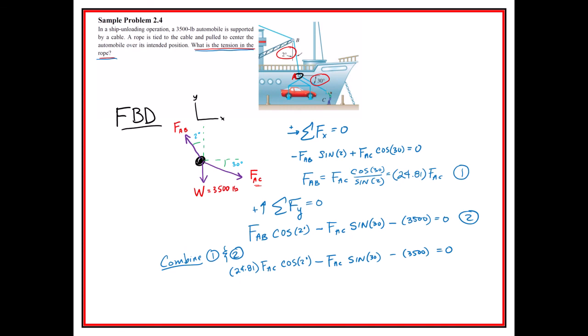All right, so let me double check. I take my 24.81, and I take the cosine of 2, which is 0.9994, right? So it doesn't change it a whole lot.